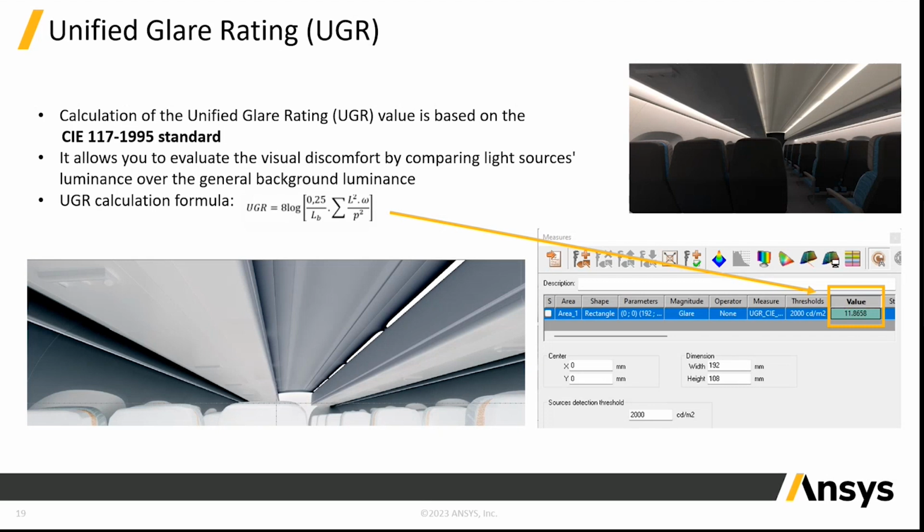So UGR values generally range from 10 to 30, and in this case with nearly 12, the glare is in an acceptable range.